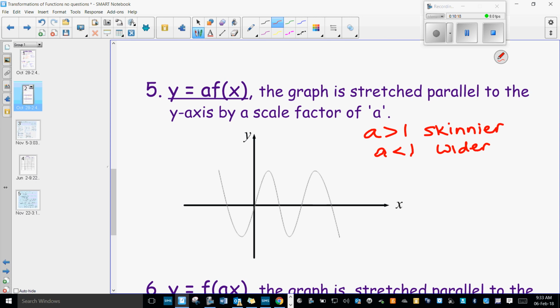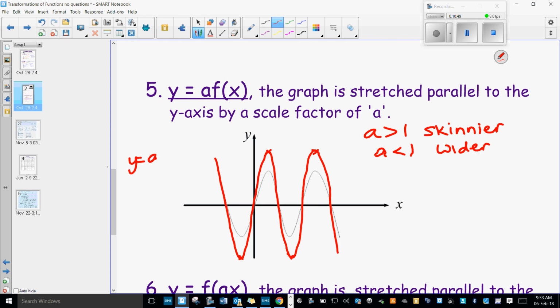Okay, so these are the not as pleasant ones to draw. So let's choose that amount. Okay, so that would be my y equals a f(x).